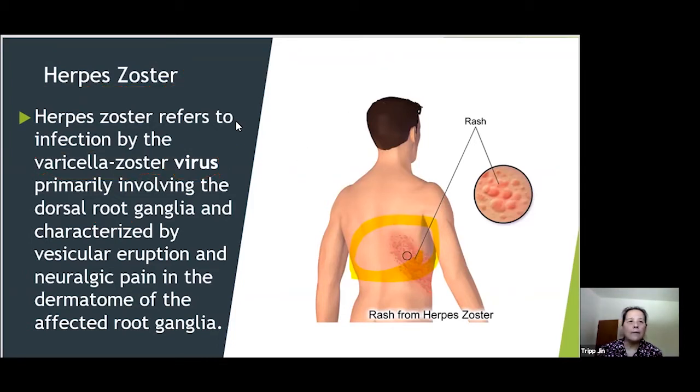Generally these are virus infections, and these viruses cause two illnesses. One is chickenpox, the first infection. The second infection then causes herpes or shingles.